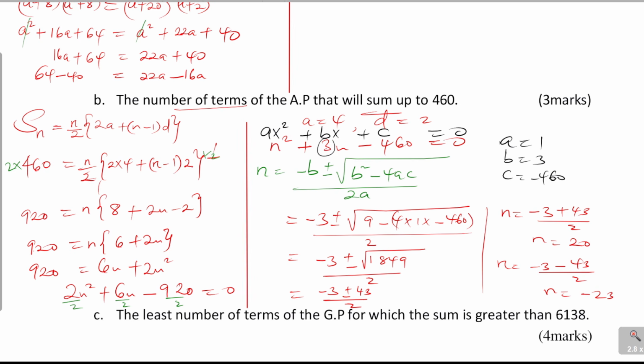So you shall ignore that, because here we're dealing with the number of terms, and the number of terms should only be positive. So you'll consider n is equals to 20, because n is the number of terms. So you ignore the negative number of terms. It is not possible to have a negative number of terms.